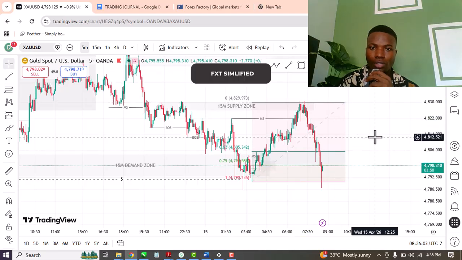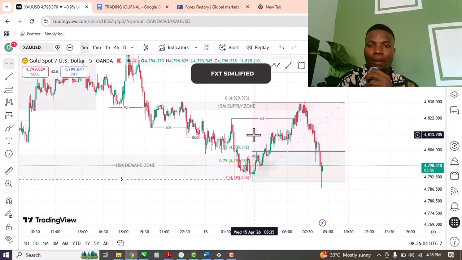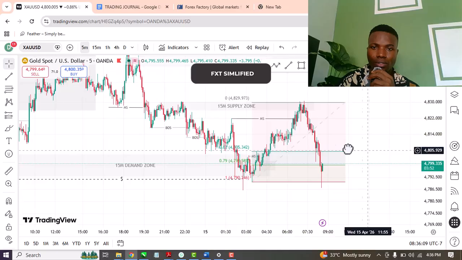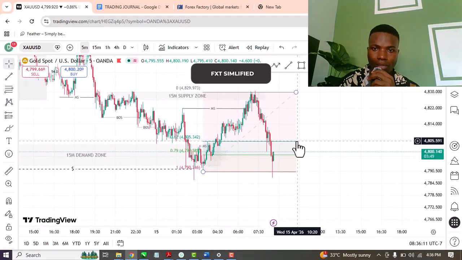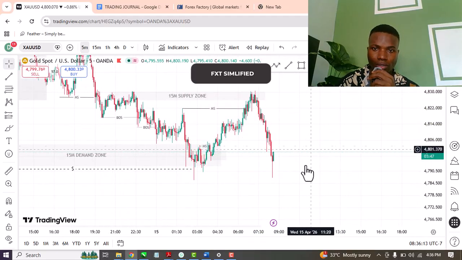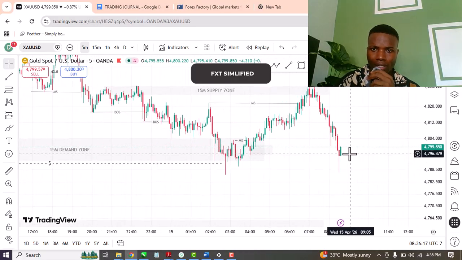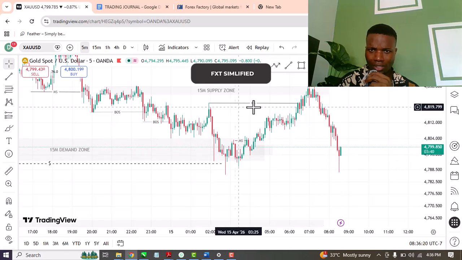Now I'm refining my strategy. I think this is where I can potentially look for a buy setup. In fact, I think price is moving already.